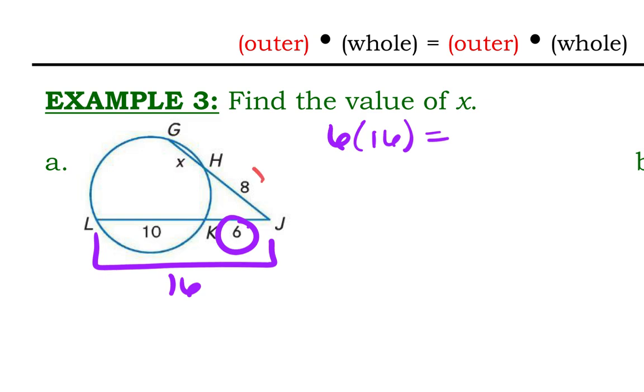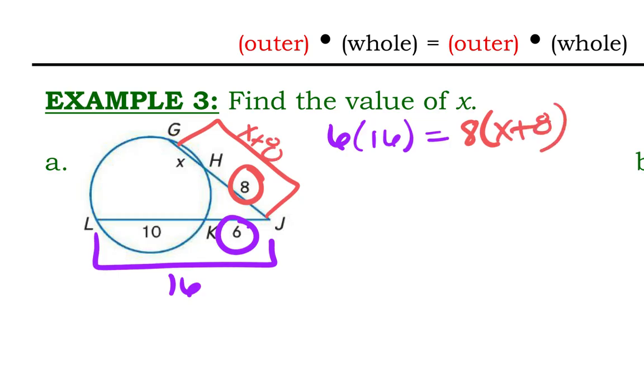What is it, Aiden? 8. 8 times, and then what's the length of that whole secant? x plus 8 or 8 plus x, either one. All right, who can give me 6 times 16? 96 equals 8x plus 64. All right, let me know what you get for your x value.